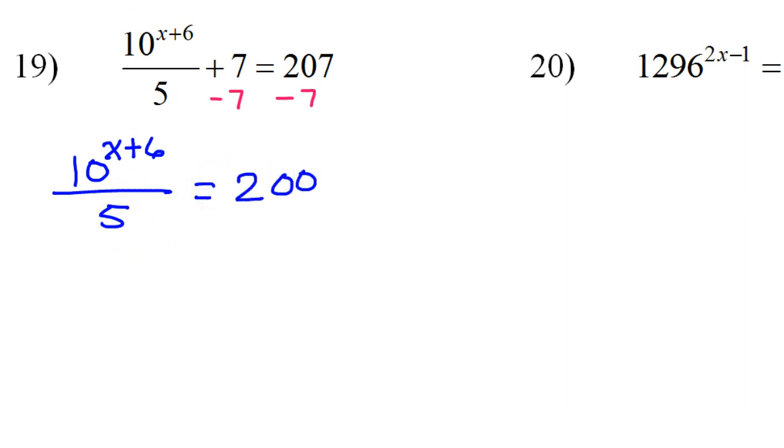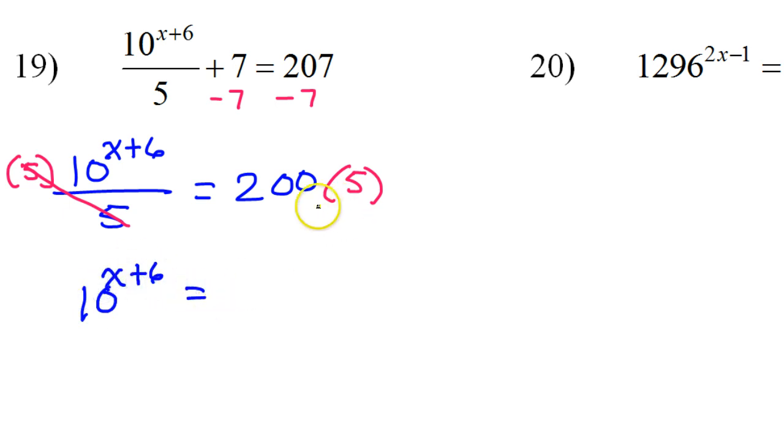Then I need to multiply both sides by 5. Okay, so that's going to give me 10 to the x plus 6 power. 200 times 5 is 1,000.